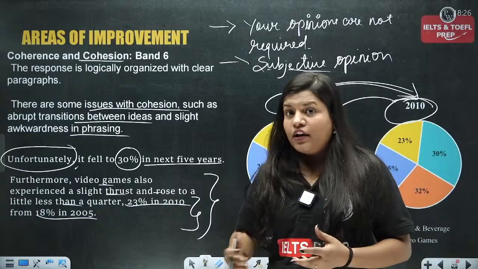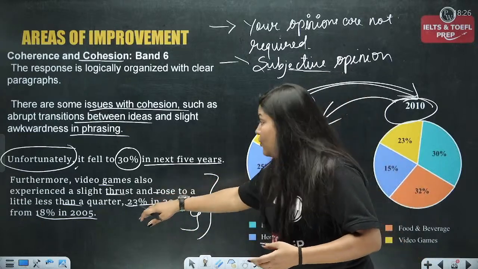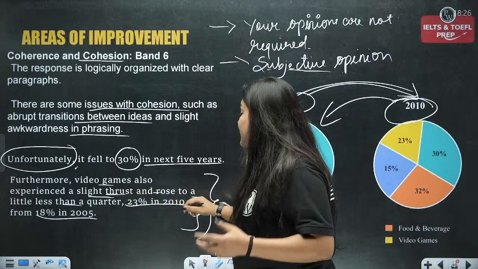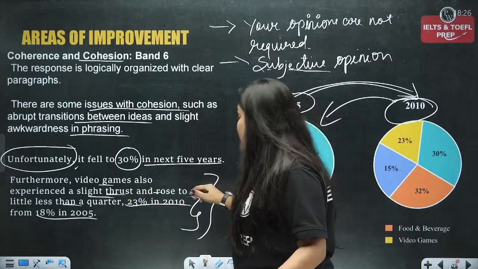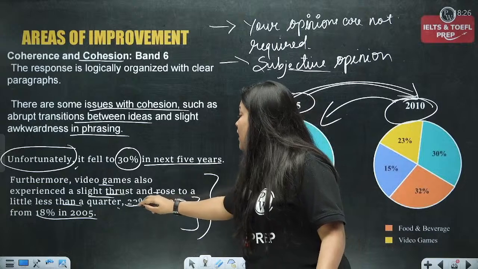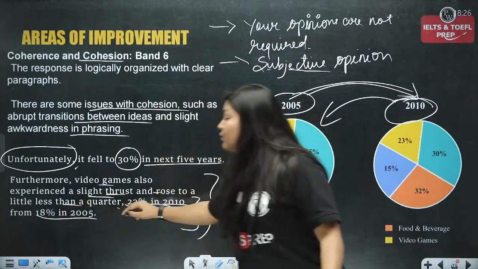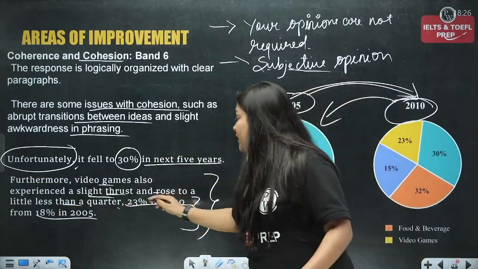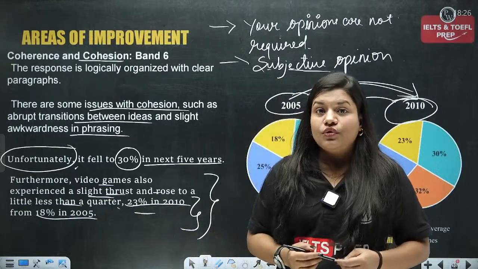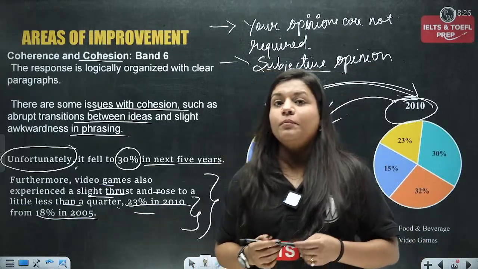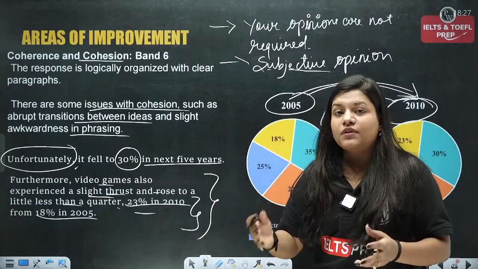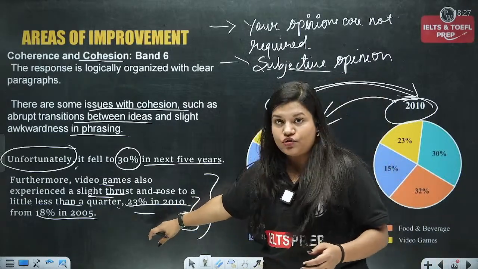How? "Furthermore, video games also experienced a slight increase and rose to a little under a quarter, which was 18% in 2005, and it went to 23% in 2010, which shows an increase over the period of time." Got it? Now this will be very precise as compared to what is mentioned over here.